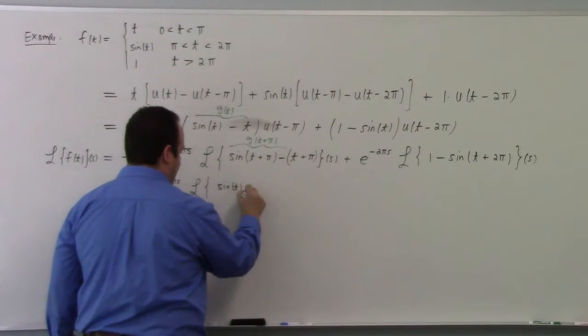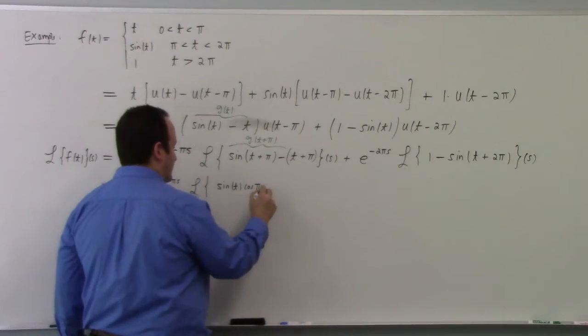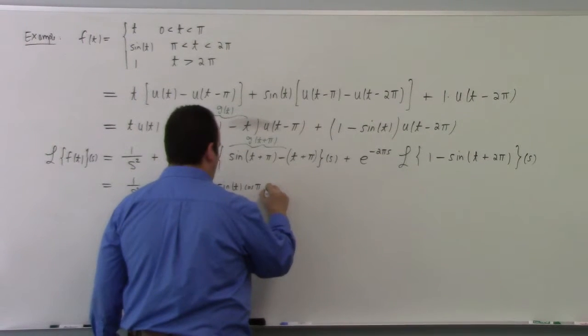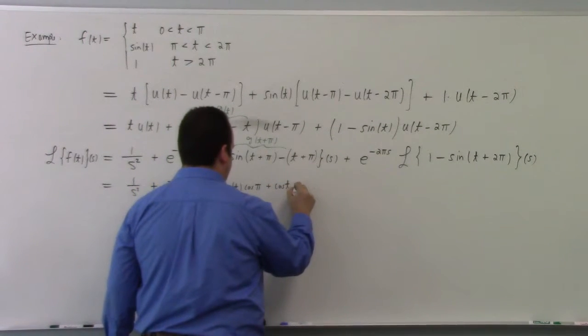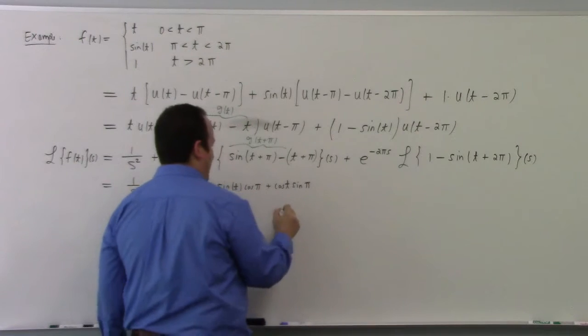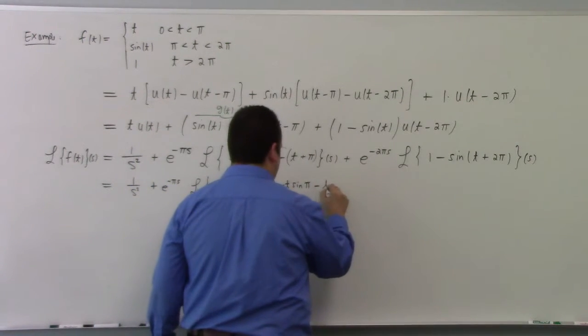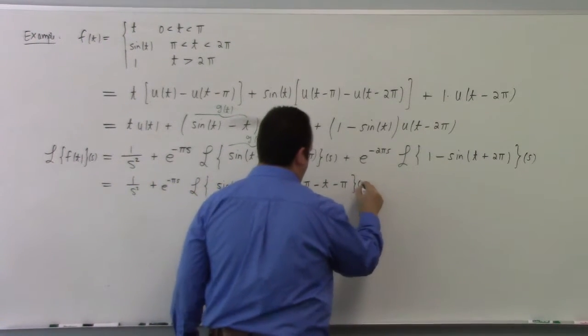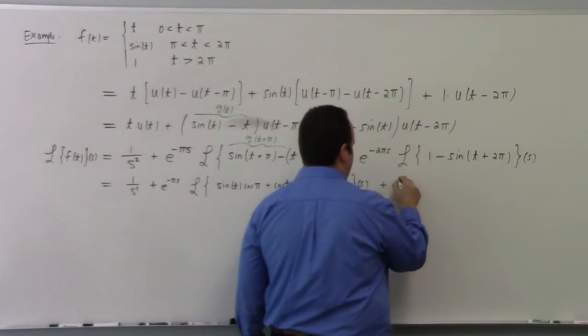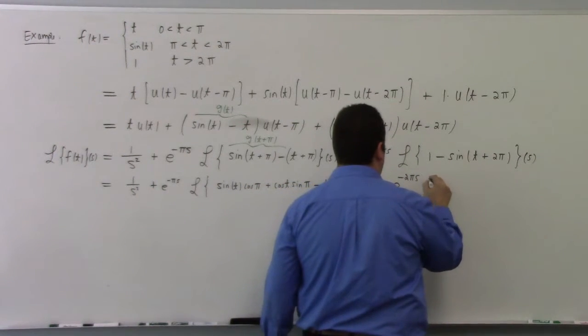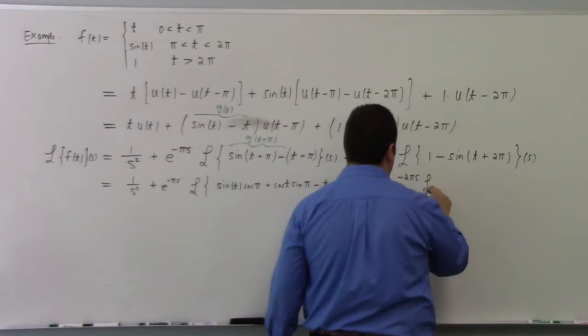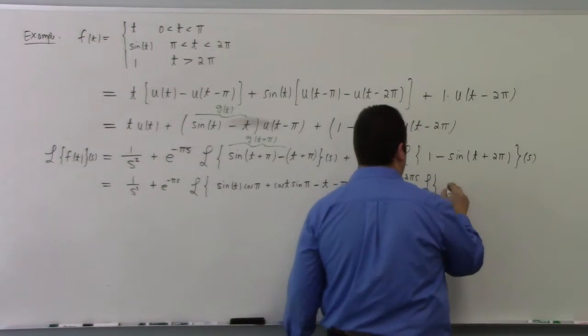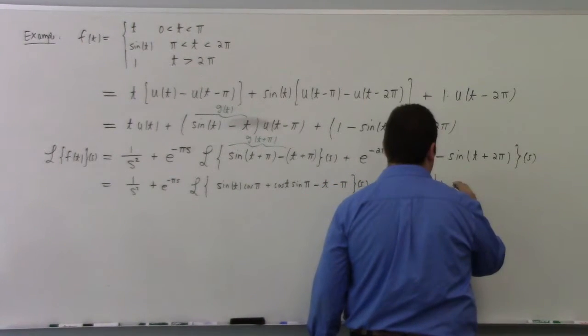Let's see here. Sine of t, cosine pi, plus cosine t, sine pi. I mean, pi is kind of a mess. So here, minus t, minus pi. I'm writing this out because if instead of having pi, I had like pi over 2, this would be a little bit more, generally speaking, all these things don't go to 0.